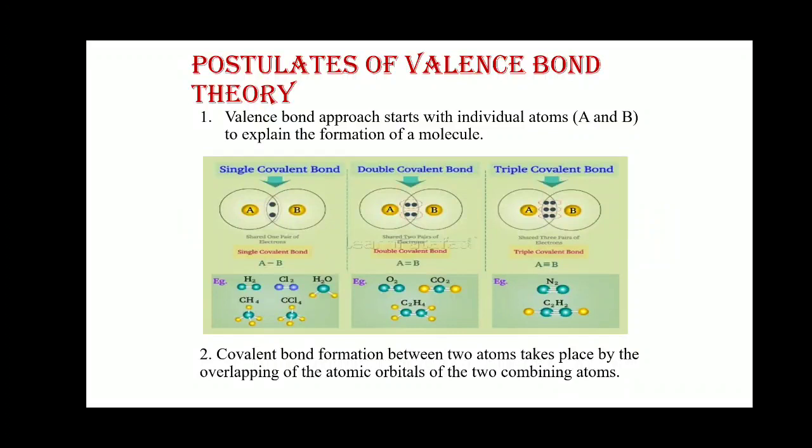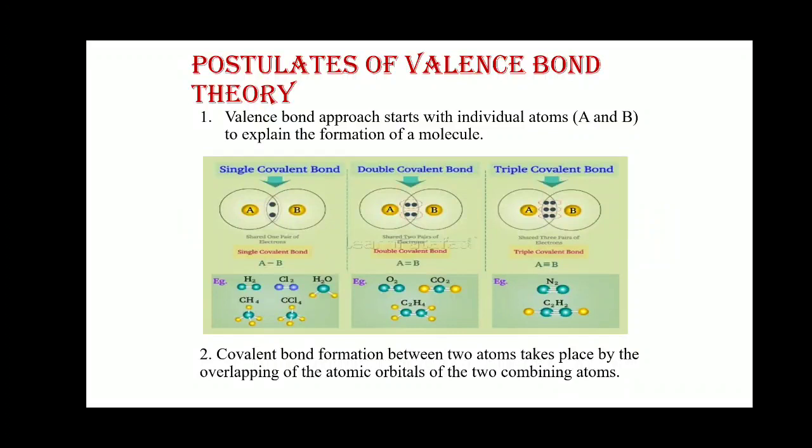The number of covalent bonds formed by an atom is usually the same as the number of orbitals with unpaired electrons available within the atom. But if the spins of the two electrons are the same, then due to mutual electron repulsion, energy increases, and this situation will not result in bond formation.